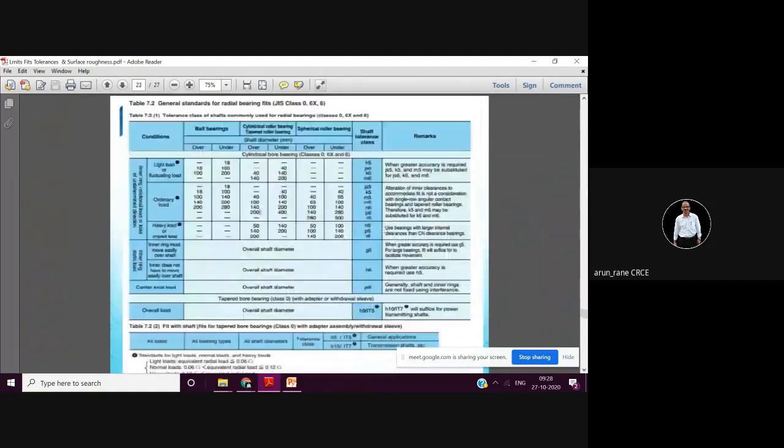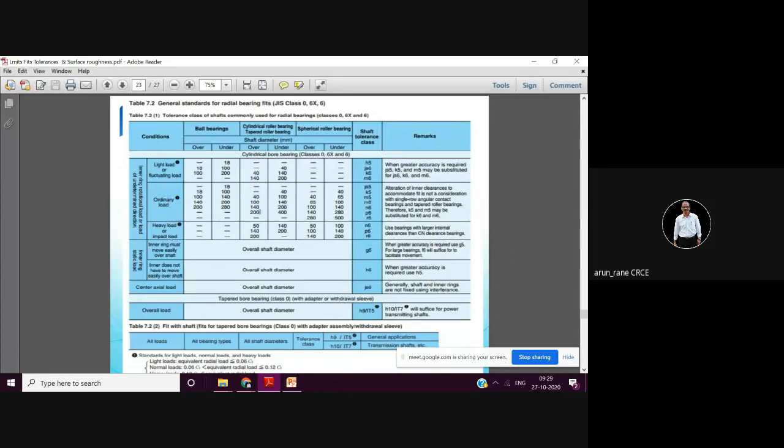Then you have standards for radial bearing fits, that is class 0, class 1, class 2, class 3, up to 6. So depending upon the accuracy, these fits are classified. Like light load, fluctuating load, ordinary load, heavy load, or impact load.